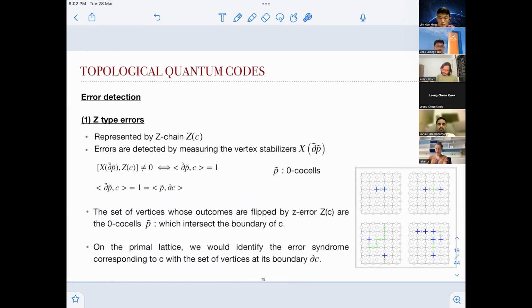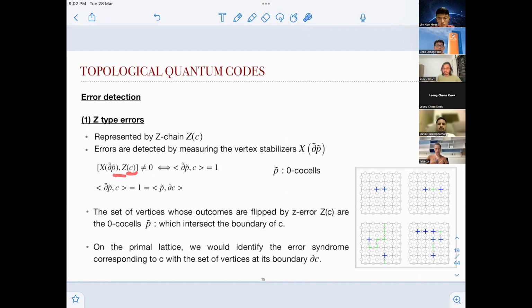So when we think about error detection, let's first discuss Z-type errors. Any error will correspond to certain Z operators acting at a few places, and you can represent it by some Z chain. Now to detect it, you will measure your stabilizers, which are given by X of delta tilde p tilde, corresponding to a co-boundary map acting on some co-cell. So how will you detect it?